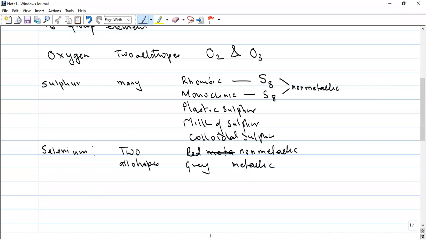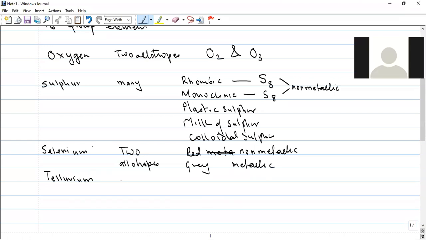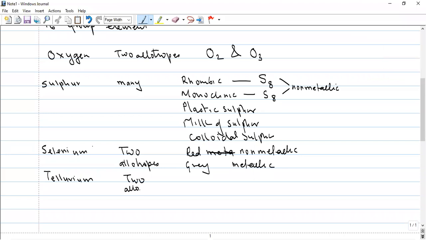Then comes tellurium. Tellurium again has two forms, two allotropes. One is crystalline, the other is amorphous.